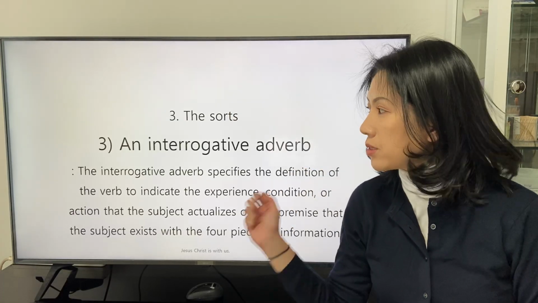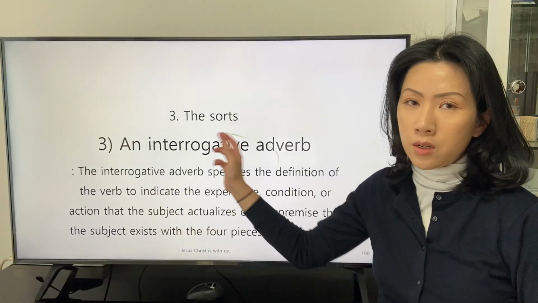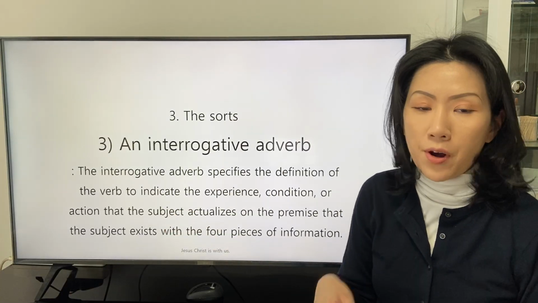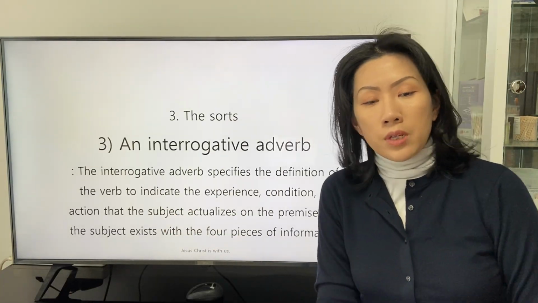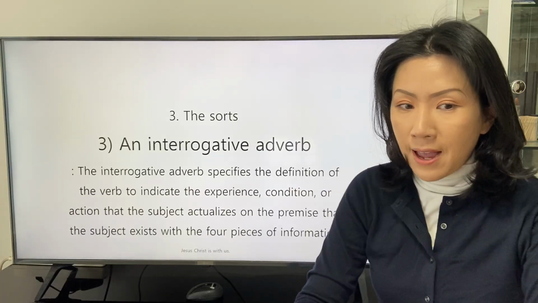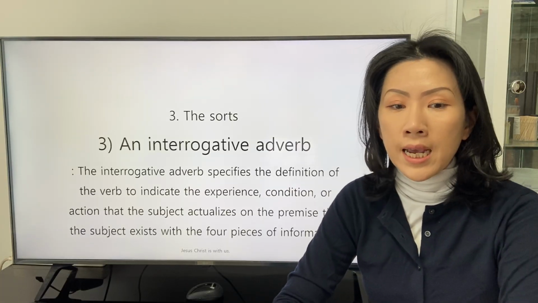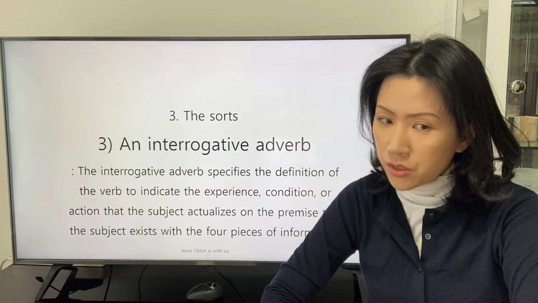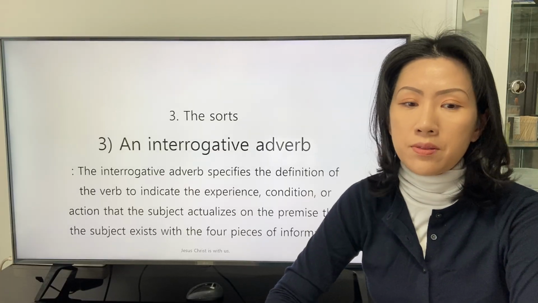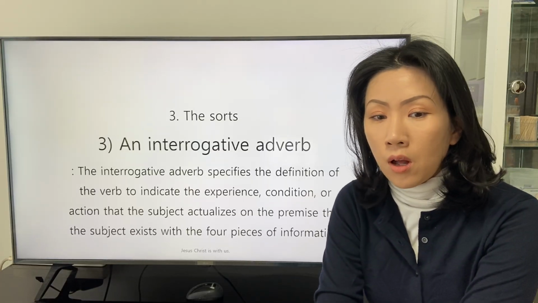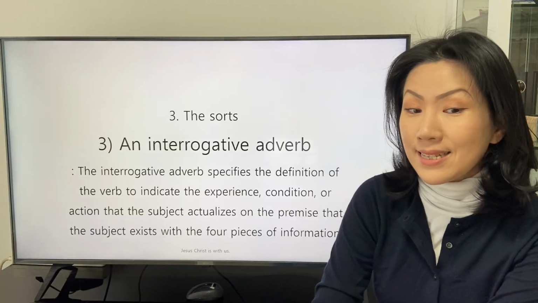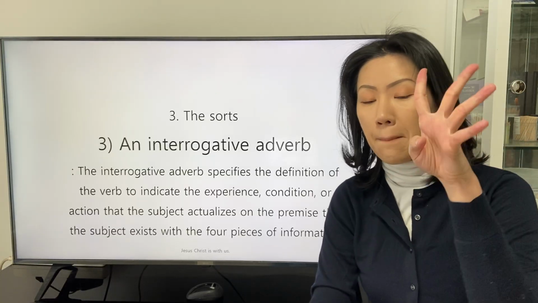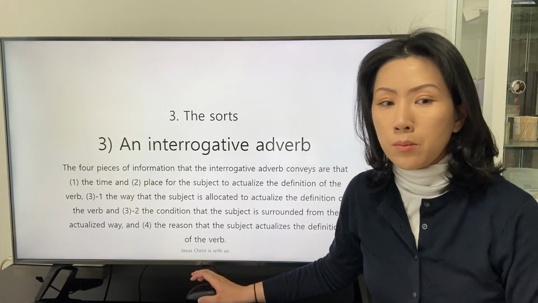From now on, let's start to read the explanation about the interrogative adverb. The interrogative adverb specifies the definition of the verb to indicate the experience, condition, or action that the subject actualizes on the premise that the subject exists with the four pieces of information.